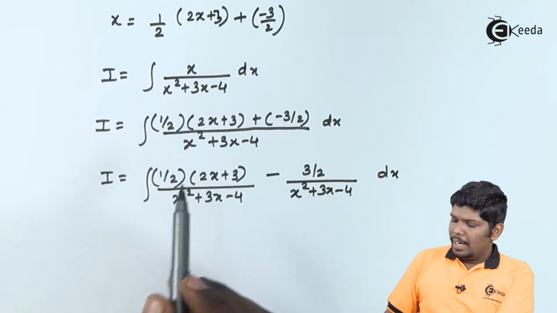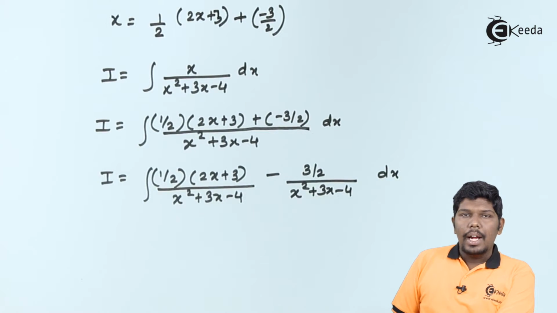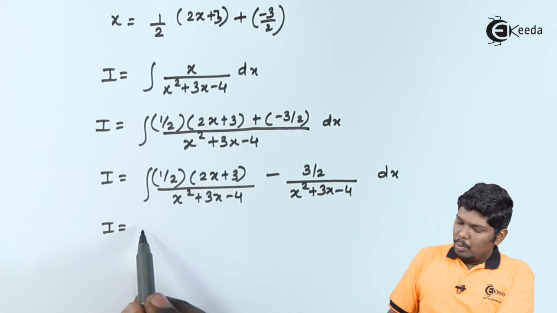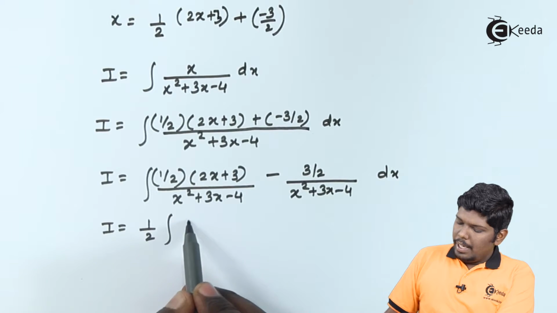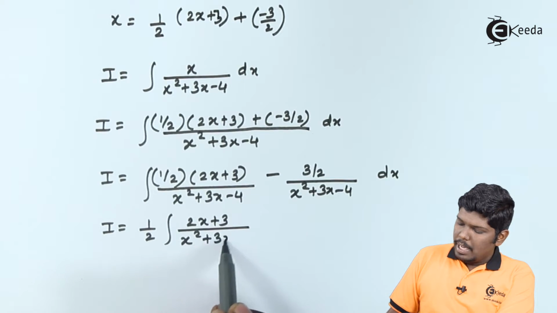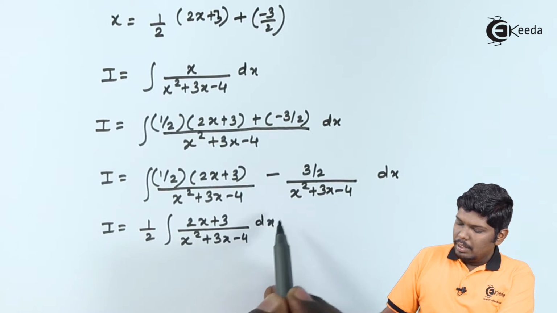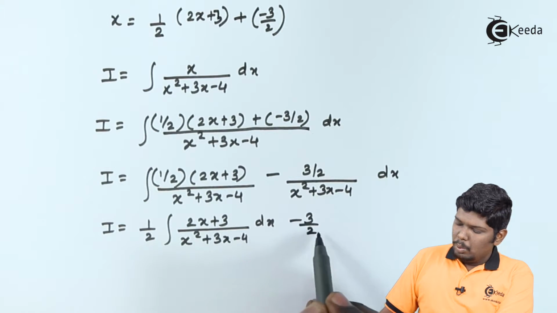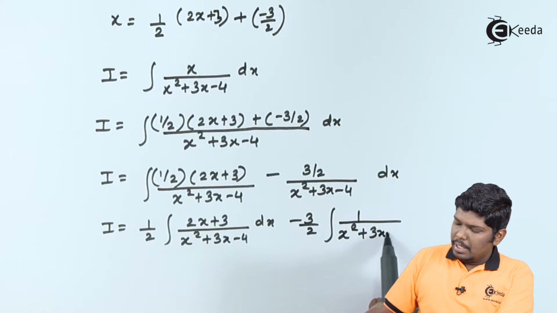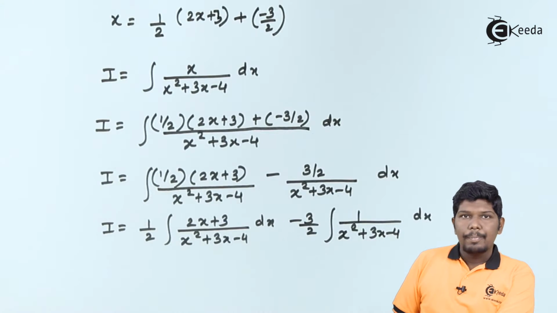In the next step, we can take this constant part outside and at the same time we can separate the integral. That is 1 by 2 integral 2x plus 3 upon x square plus 3x minus 4 dx. Here we have minus 3 by 2 integral 1 upon x square plus 3x minus 4 dx.